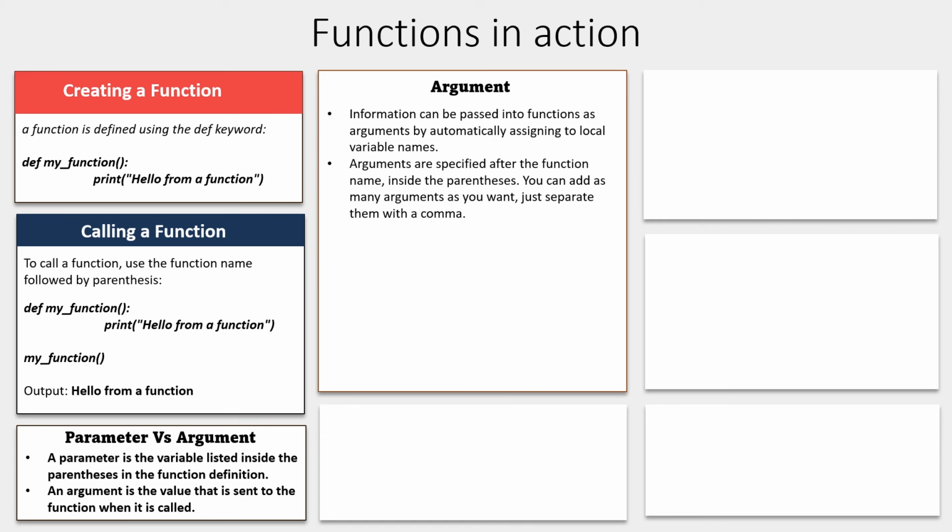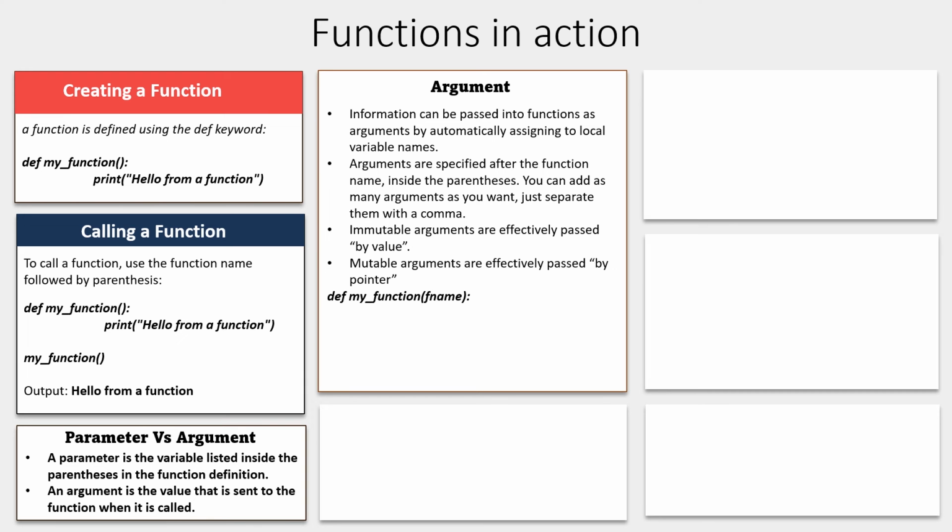You can add as many arguments as you want, just separate them with a comma. Immutable arguments are effectively passed by value, and mutable arguments are effectively passed by pointer.